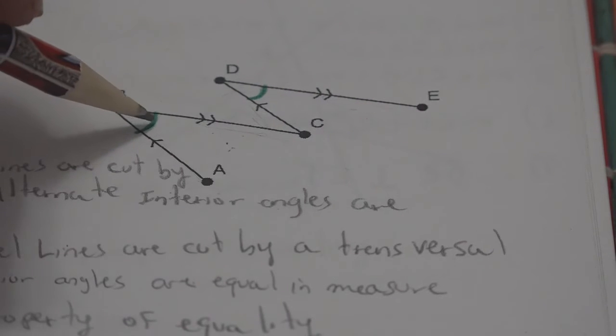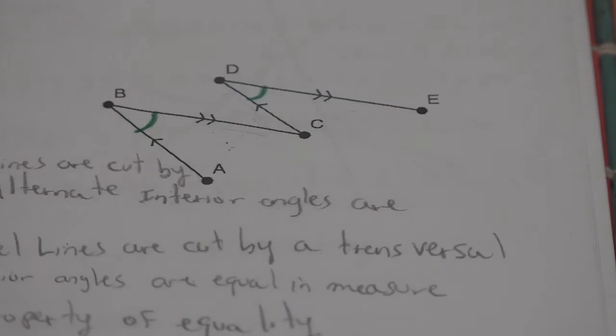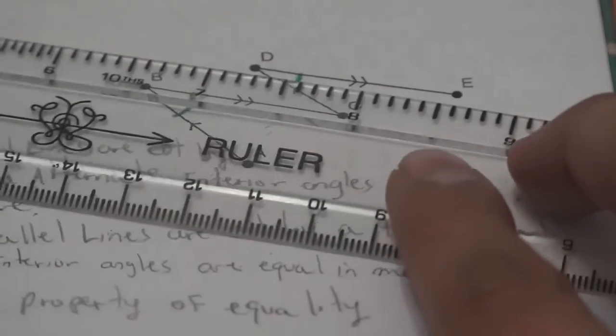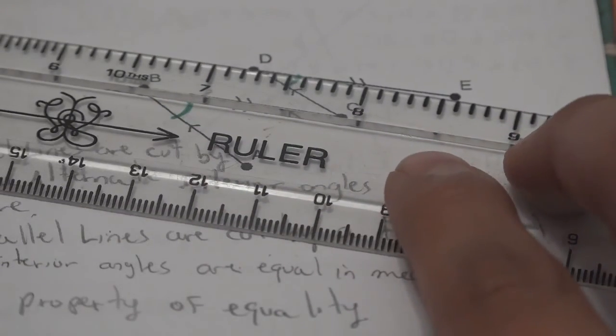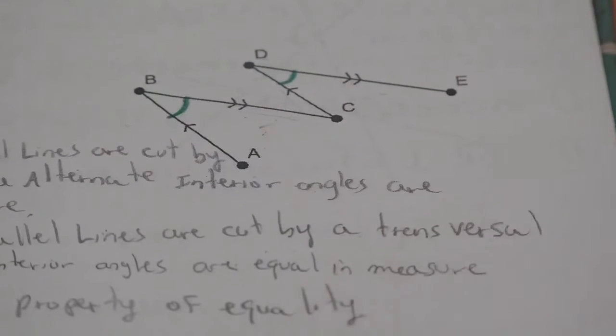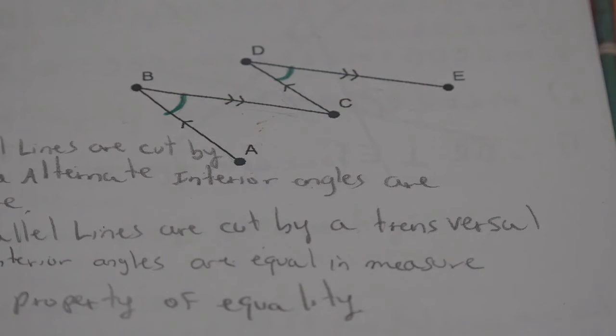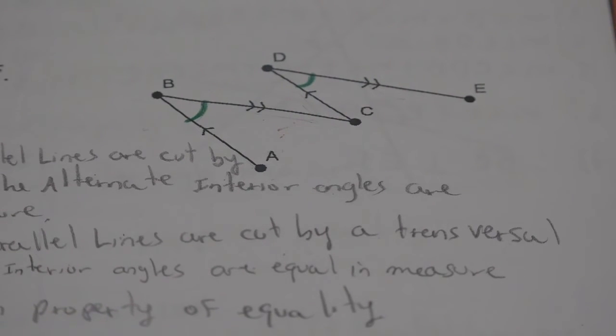Well, think of this. Let us extend, if I was to extend the parallel lines, which I didn't do. Oh, you know what? Let me not extend the parallel lines. Let's go with the proof. Okay.